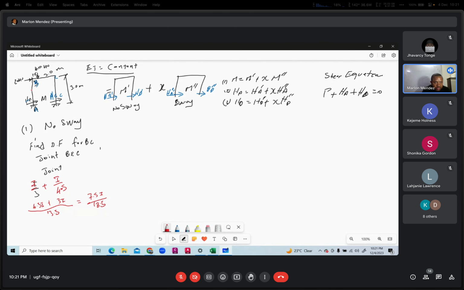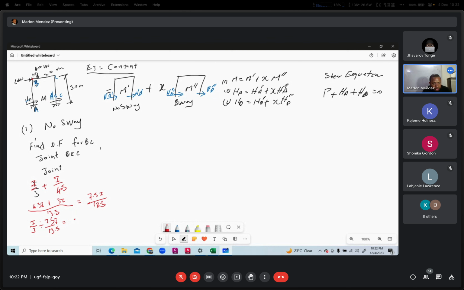Okay. So what you do now in finding the distribution factor: the joint you're interested in, you add this length and this length, the stiffness of this and this, then you divide by one of the lengths, which is AB. So it would be I divided by 3, divided by 7.5 I over 13.5.